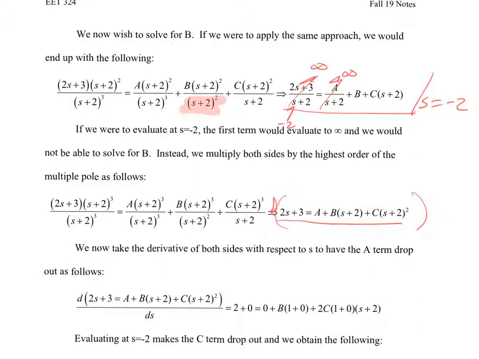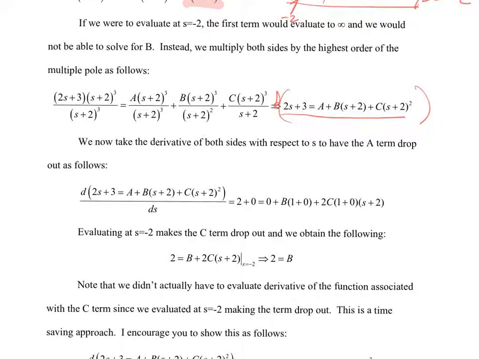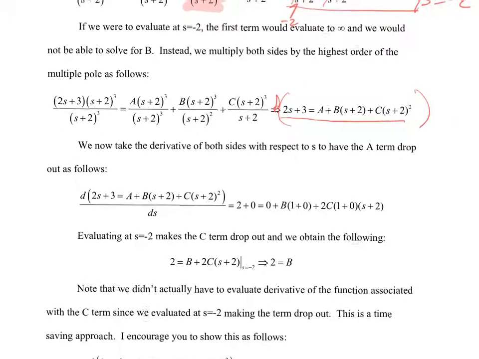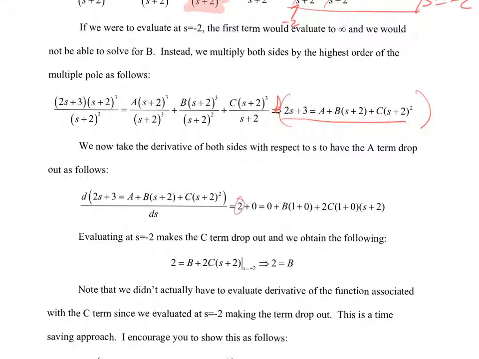So if I take the derivative of that expression, the derivative of 2s plus 3 with respect to s is just 2 plus 0, so this goes away. What's the derivative of A now with respect to s? 0. Goodbye to my A term, which is what I wanted.